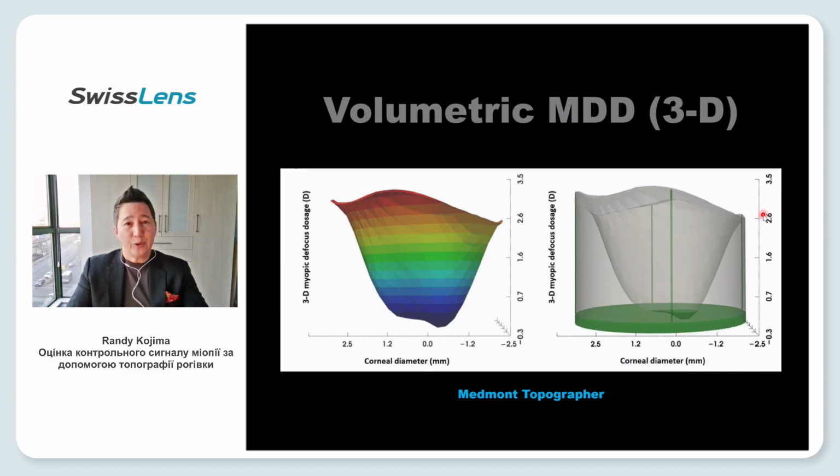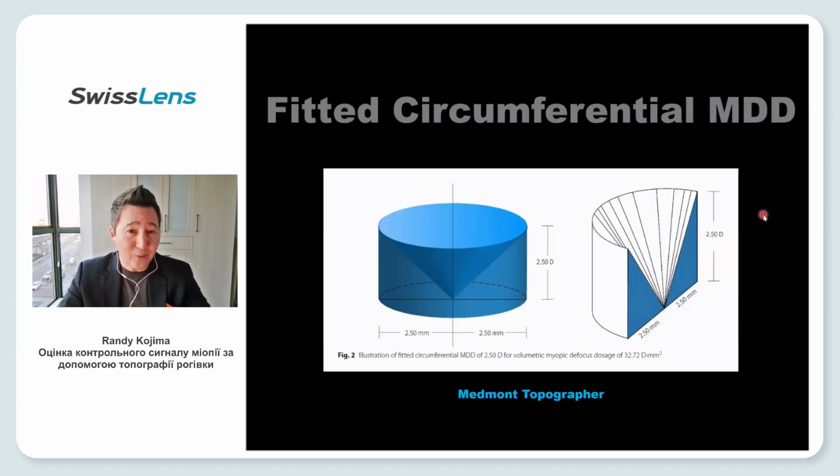In other words, when you take all the powers that are distributed within the pupil, what does that total value come out to, and could it be predictive of axial growth? Then the final was to look at the cone.